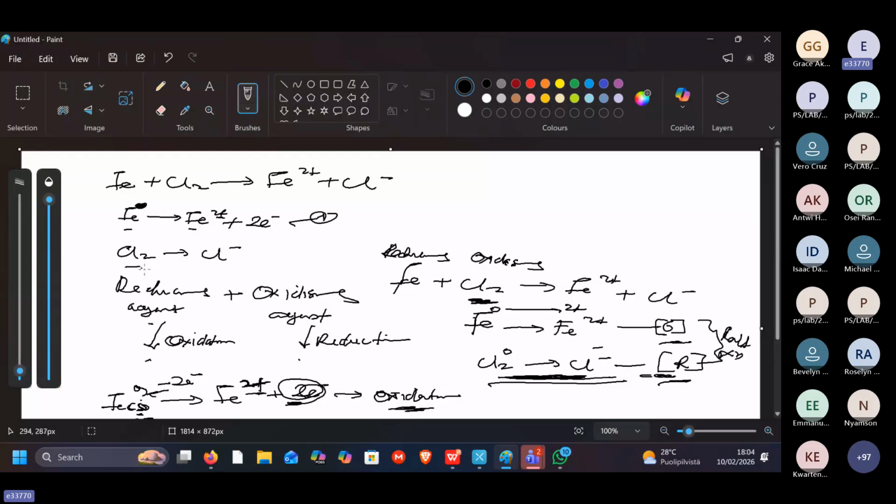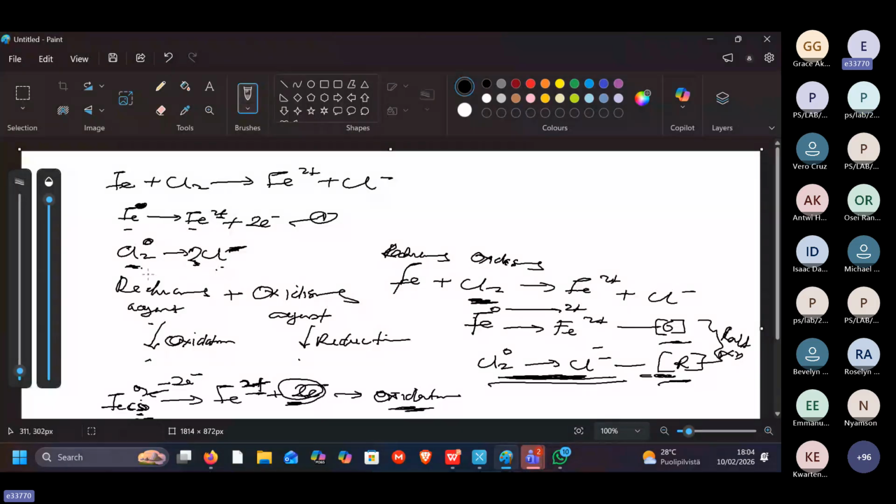Now I come to this equation. I balance the element. Chlorine is 2 here, chlorine is 1 here, so I put 2 here. The equation for the element is balanced. But if I check the oxidation state, the chlorine 2 here is 0. Now on the product side it is minus 1 times 2, which is minus 2.